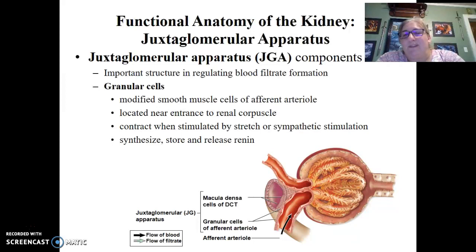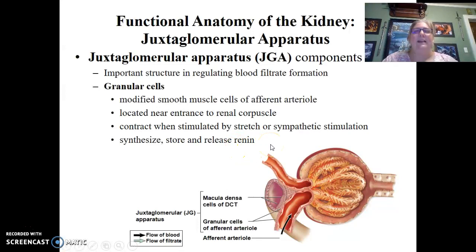We talk very briefly about them, so I don't have them labeled because I don't really talk a lot about them. The granular cells are smooth muscle cells, and so if the blood flow is weak, there's not a lot of pressure behind it, that's going to stimulate the cells here of the afferent arteriole to start secreting renin.